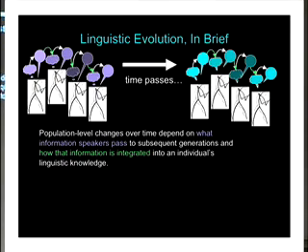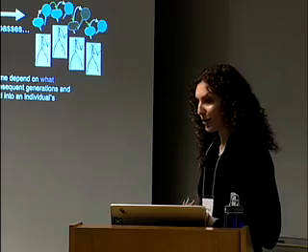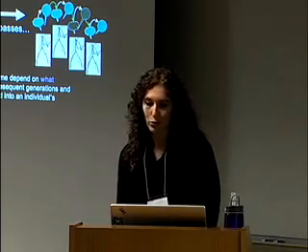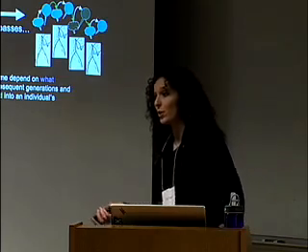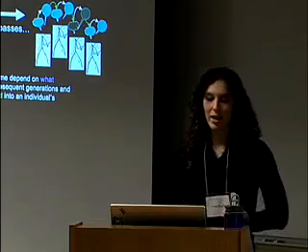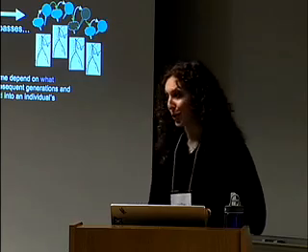The general way that I'm thinking about language change or linguistic evolution over time is that you have two big factors in population-level change. First, the information speakers are actually passing to each other, this spoken language, to the subsequent generations.